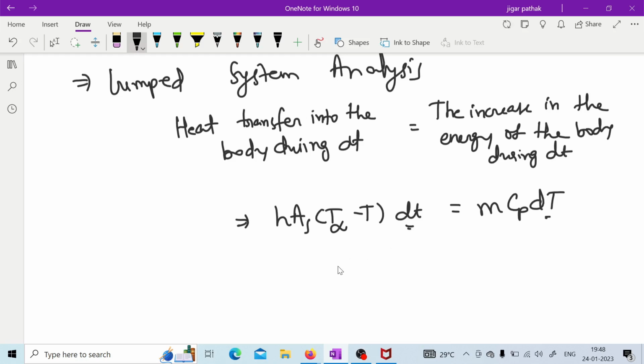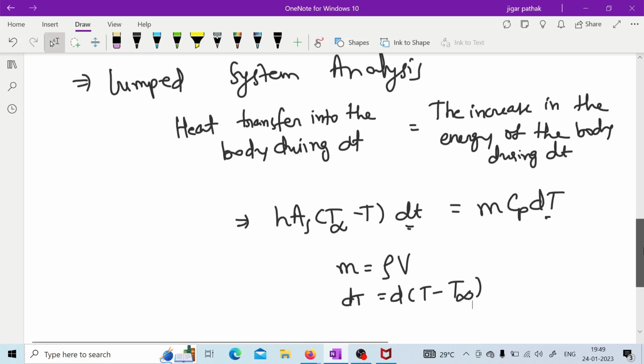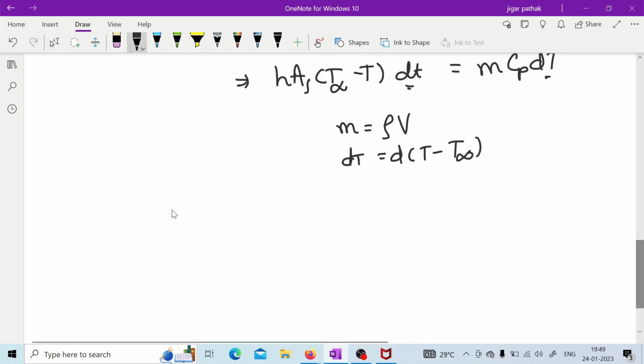Here you can further simplify by putting m as rho into V, and your dT is nothing but T minus T infinity. So if you do these changes and rearrange the given equation by putting this value into the above equation, you can rearrange it like this: T minus T infinity.